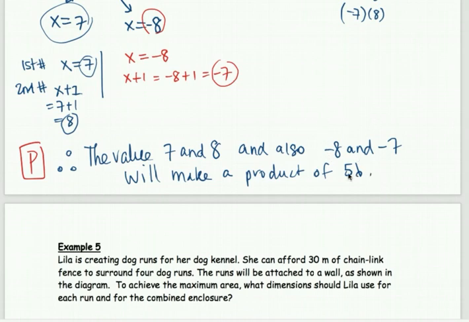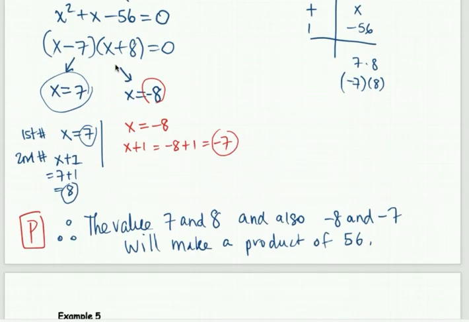Always check to see if the two answers that come out will make sense and can work, and then make sure you write all the possible answers that are allowed in the problem, okay?